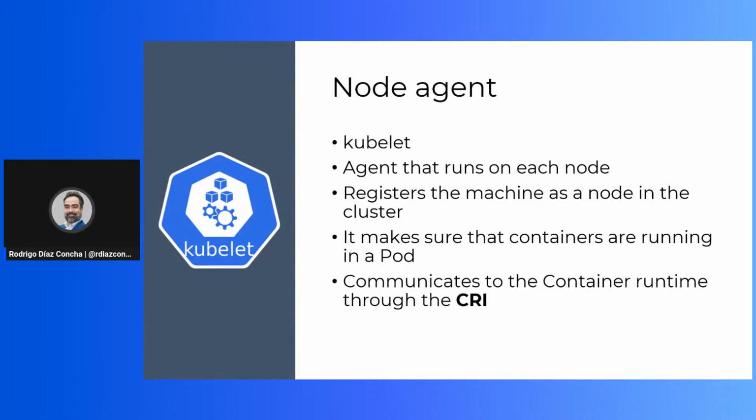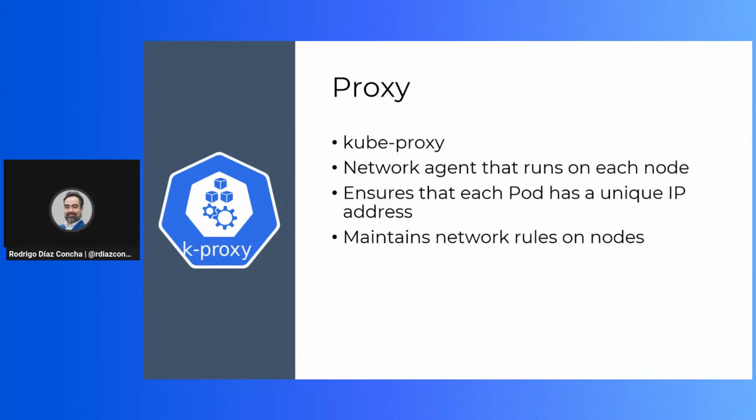The technical name of the node agent is kubelet, and this is an agent that is running all the time, making sure that your containers are running in a pod and they are running correctly. This is one of the components that all the workers have, and also the kube proxy, which is the network agent that is also running all the time.